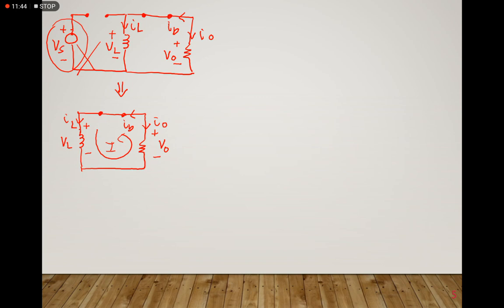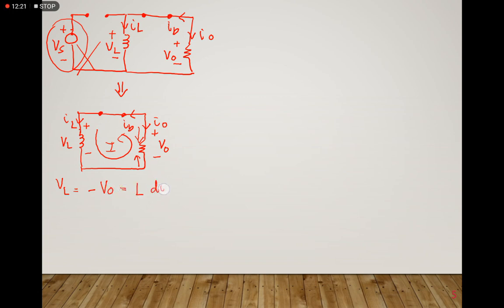We will start with the voltage across the inductor. So VL will be equal to, you can see at this point, this is the direction of your inductor current. Meanwhile, the direction of your output current is the other way around. That is why you will get the negative V0 over here.